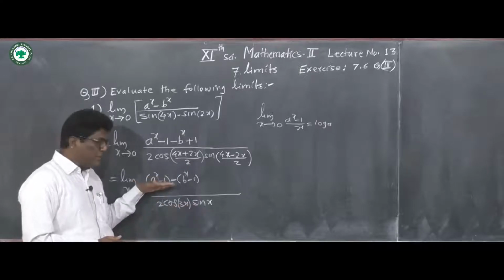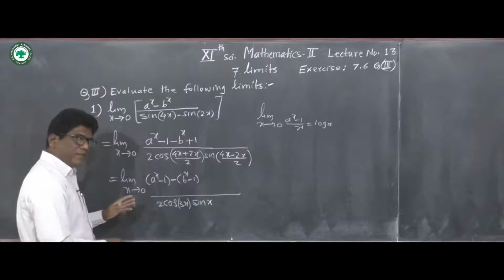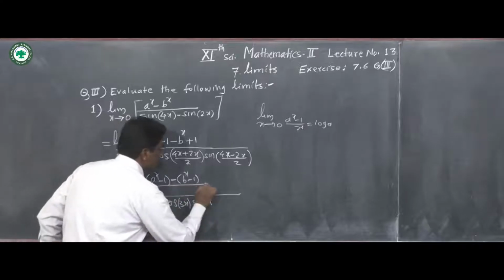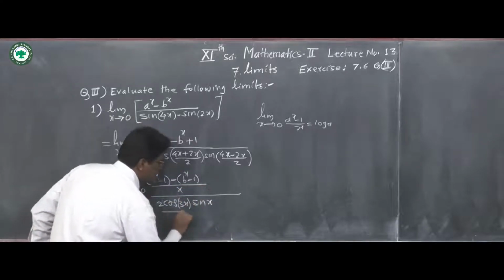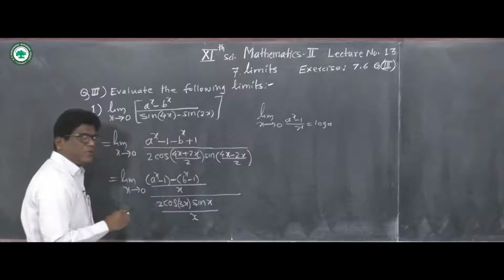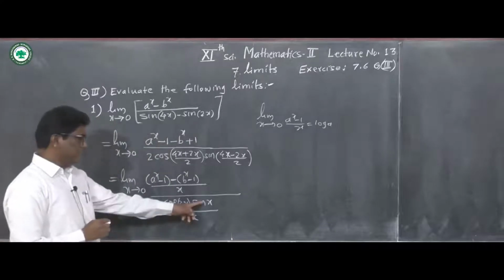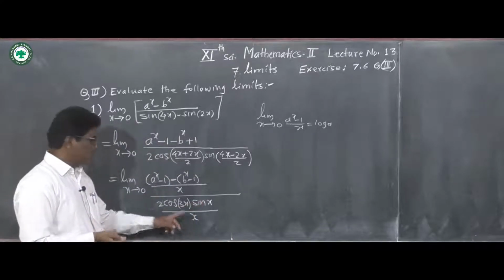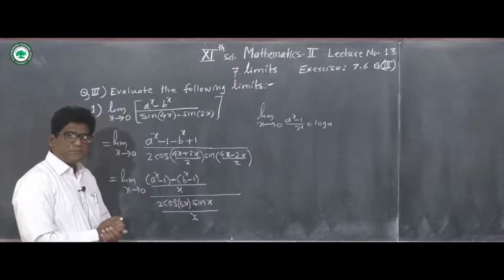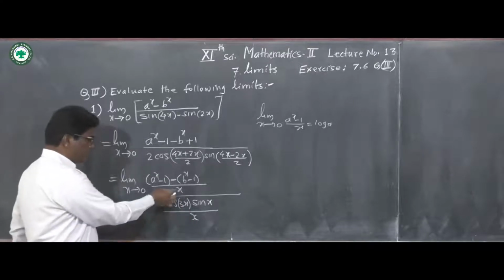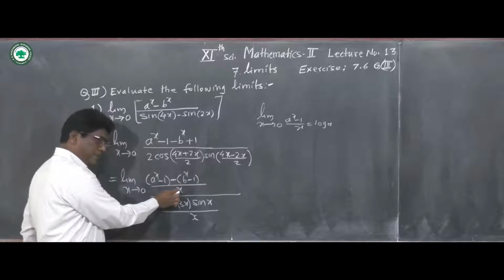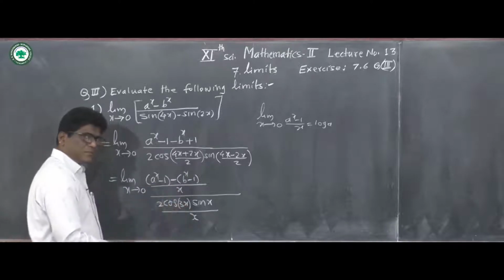Now we divide numerator and denominator by x. So divide this numerator by x and also denominator by x. We want here to use the standard formula sin x upon x as x tends to 0, that is equal to 1. Now here we divide numerator by x and also denominator by x.